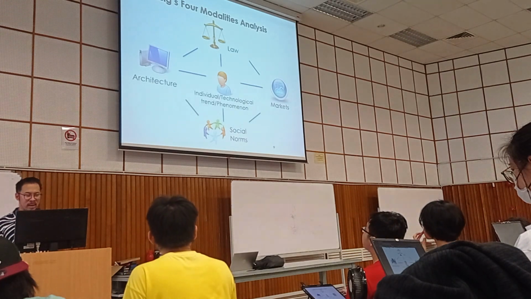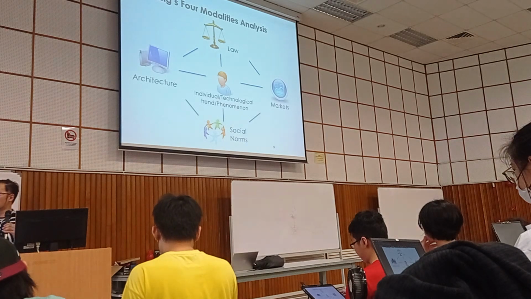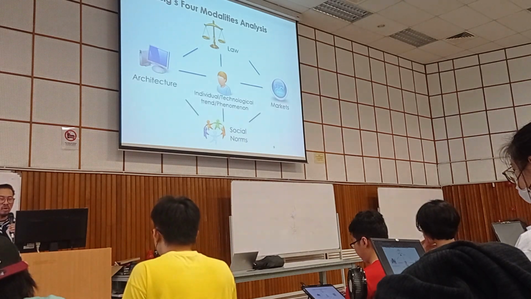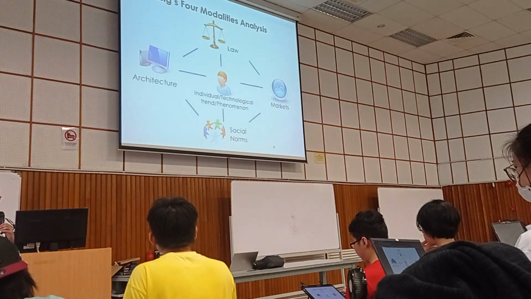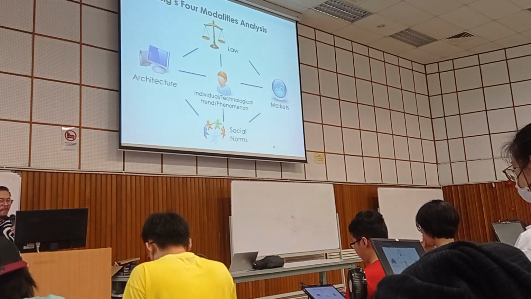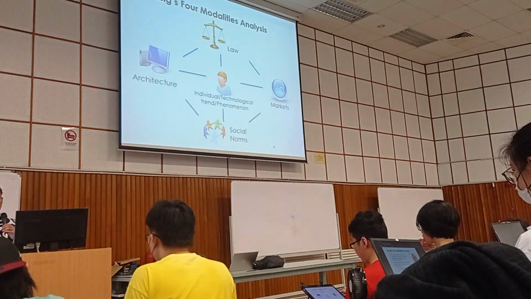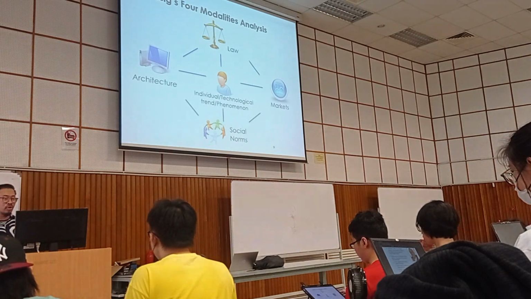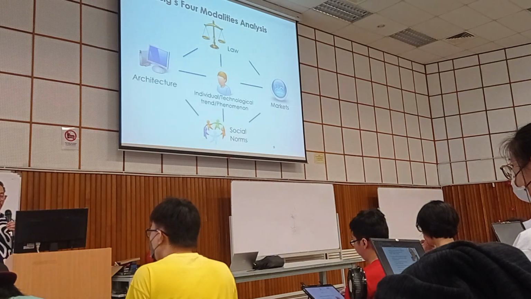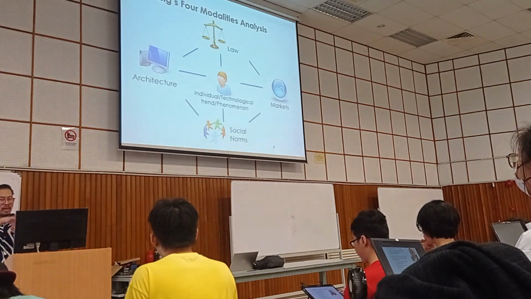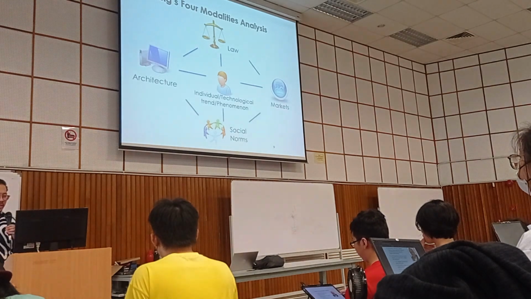Then you have the markets, the trends now, and then the social norms: what is well accepted socially, among a community or countries, and so on. And then we look at the particular individuals who are actually affected by all these parameters or components, all those four components.